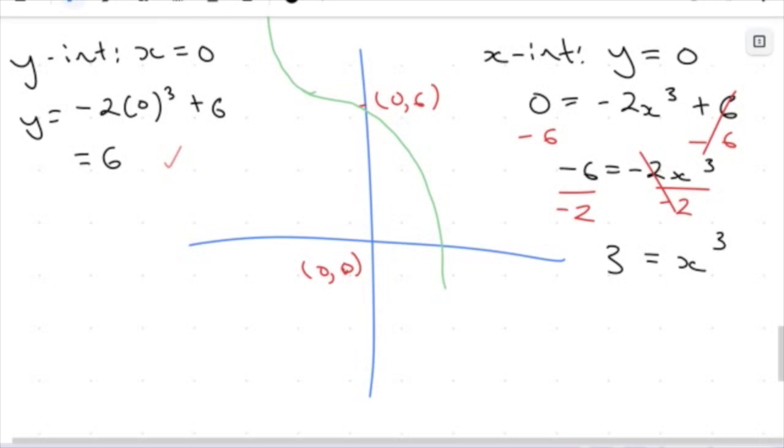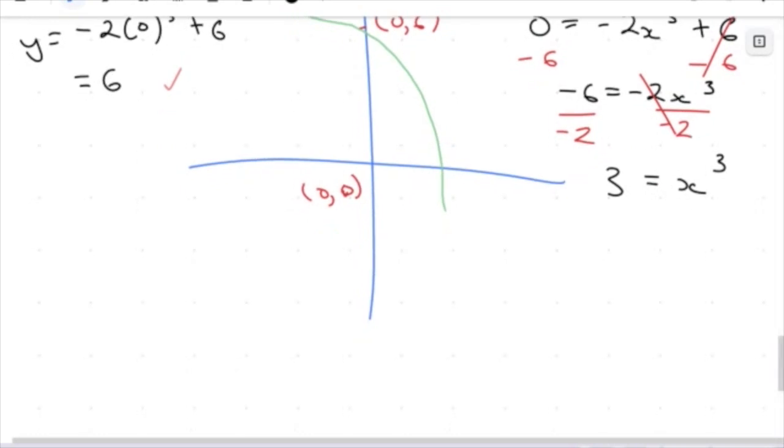And now, once I get to this stage, remember this is always the second last step we get to when we solve cubic equations. We want to undo this cubing of x by taking the cube root of it. And we're going to do this to both sides.